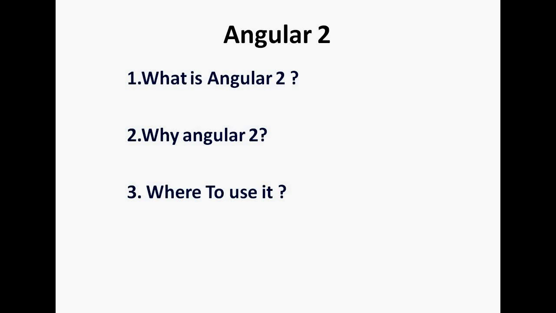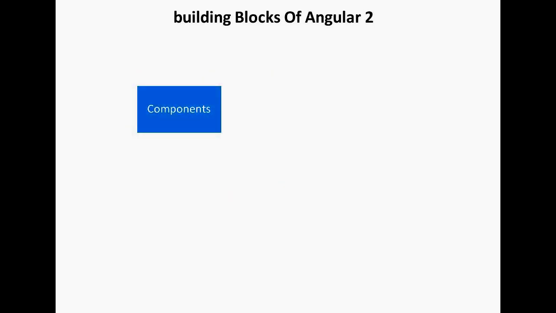Next is, what are the building blocks of Angular 2? There are 5 building blocks. First is the component. A component is a combination of the data template with the behavior of that component, meaning template plus functionality.